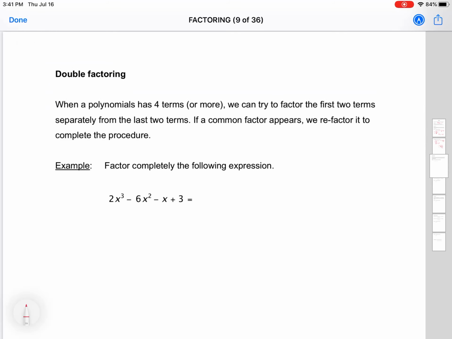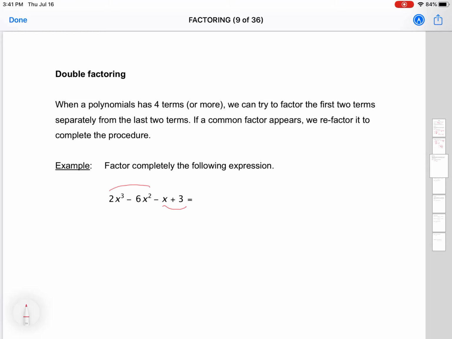Now, double factoring is simple factoring twice. It applies when you have 4 terms, sometimes more, and you can factor out the first 2 terms separately from the last 2 terms. If a common factor turns out, then we can refactor it, and we have a nicer expression to work with.